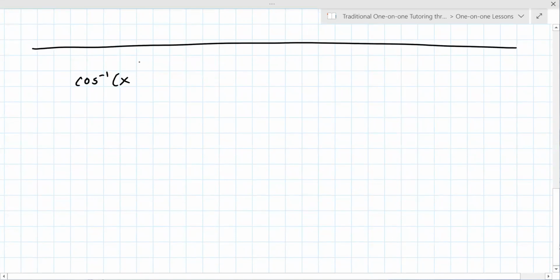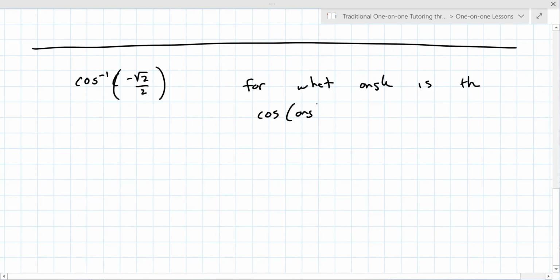If the inverse cosine, sorry, let me do this. What is the inverse cosine of negative root 2 over 2? And really what this is saying is, for what angle is the cosine of that angle equal to minus square root of 2 over 2?